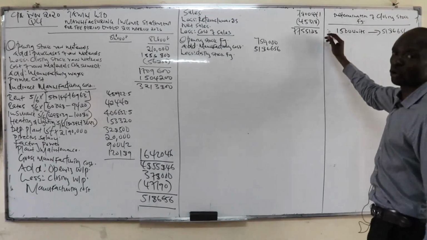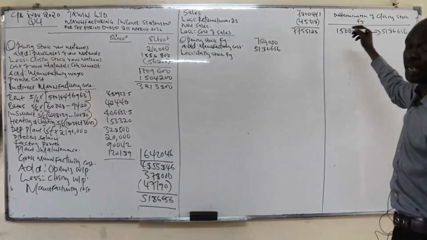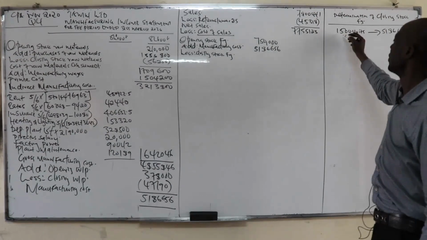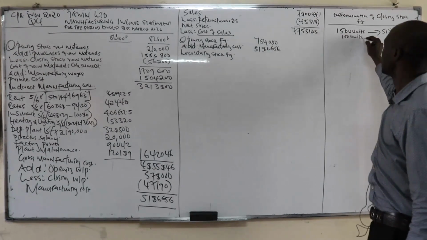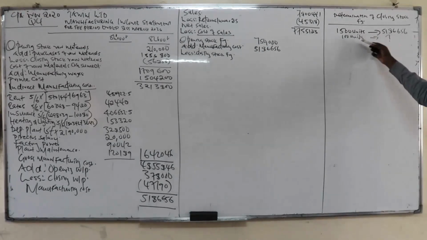So this is the total units that were produced, and this is the cost that was incurred. So now the one that remained in the inventory at the end is 100 units. Now the question is, what will be the cost? If 1,500 units cost this, what about 100 units?